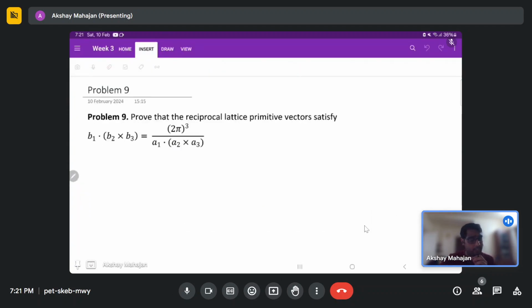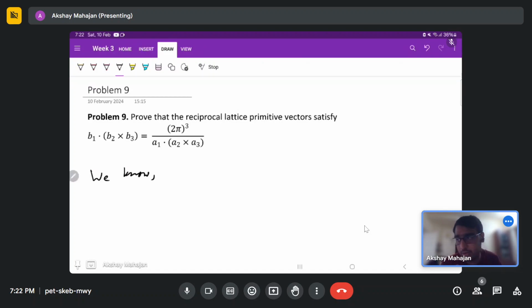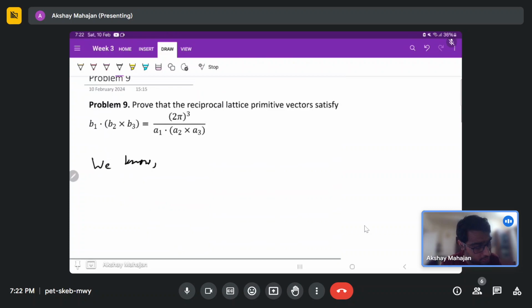Problem number 9 is that we have to prove that the reciprocal lattice primitive vectors satisfy this relation: b1 vector dot b2 vector cross b3 vector is equal to 2 pi whole cube divided by a1 vector dot a2 vector cross a3 vector.